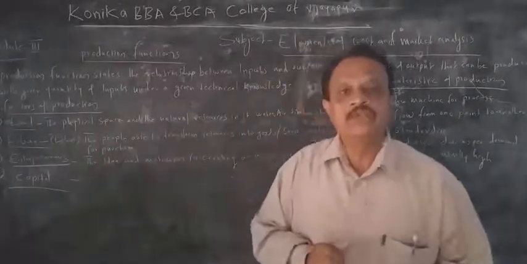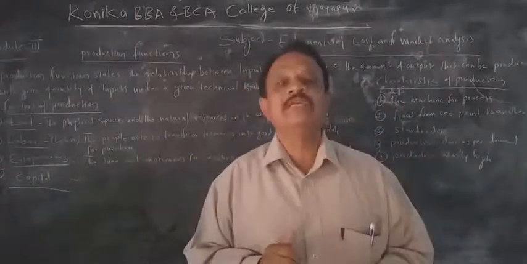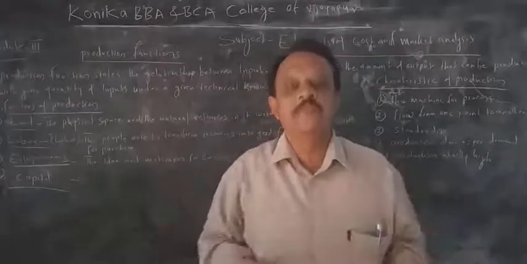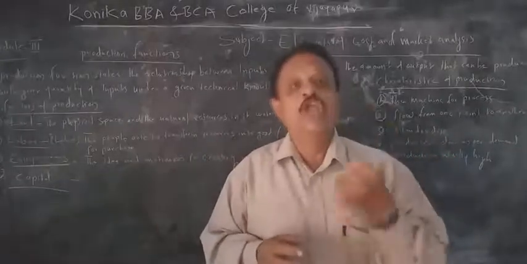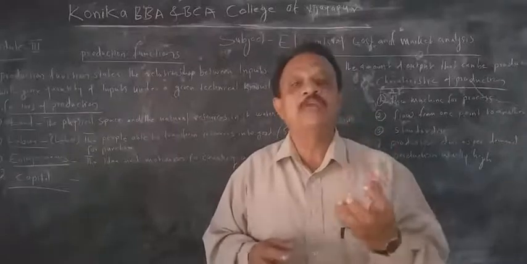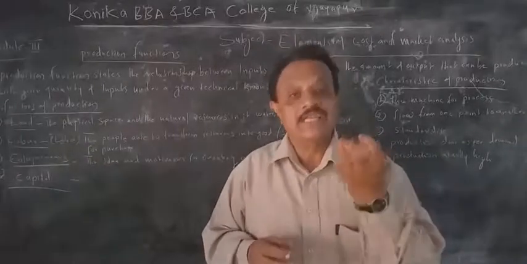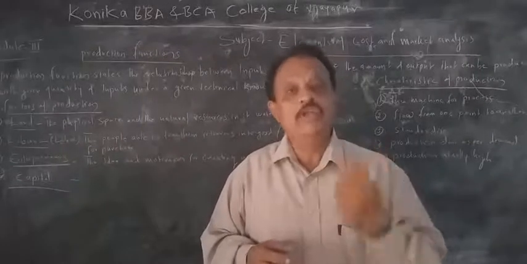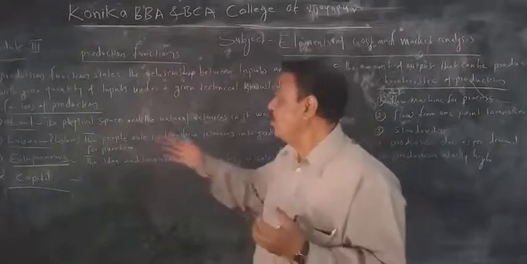And the last one is entrepreneurs. Entrepreneurs are business people. They are the persons who take risks and invent. They have the quality of risk taking, innovation, or being their own boss.